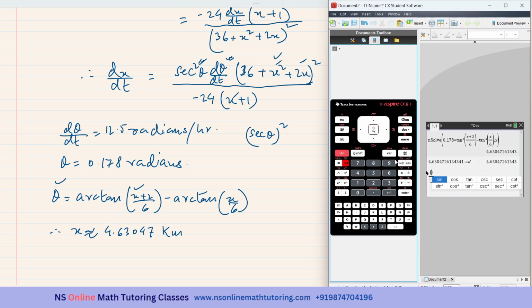So it is sec and theta is 0.178 and the calculator is set to radians. 0.178 and this is squared, fine, times d theta dt is 12.5 times 36 plus I have saved that x as d, so it is d squared.